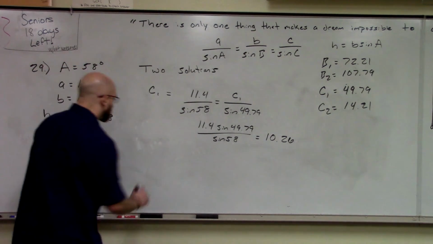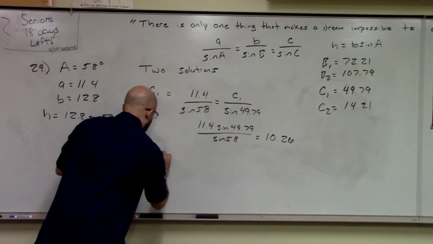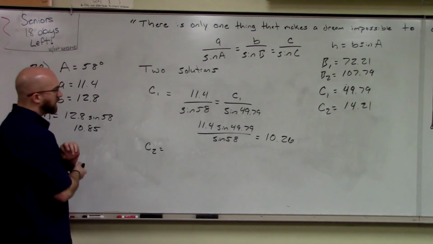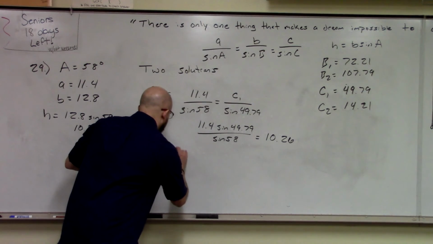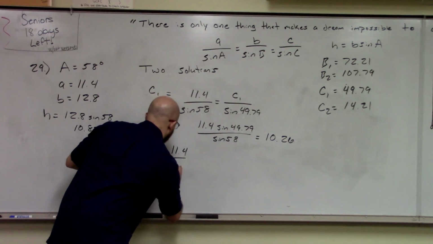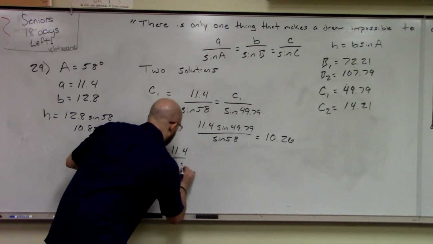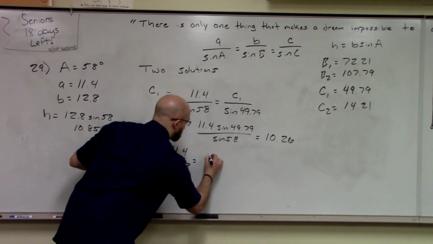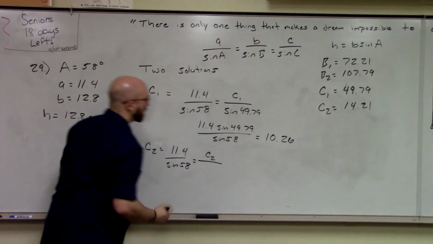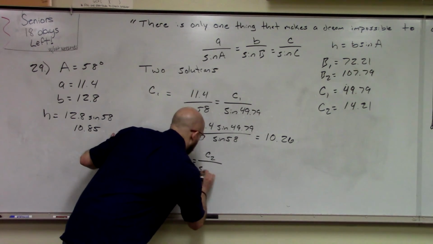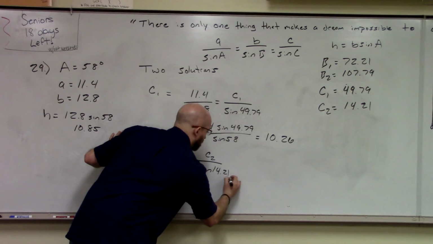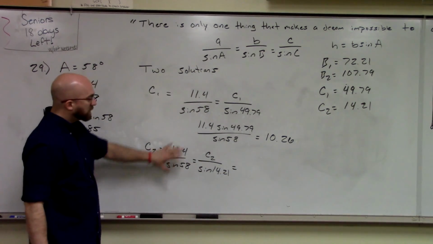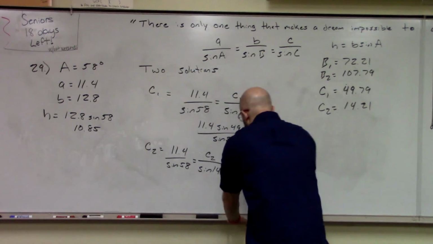Now, if we want to find little c2, it's kind of the same thing when you think about it. All that changes is this degree right here, because it's 11.4 over sine 58 equals c2 all over sine 14.21 now. So basically, we're doing the same steps we did before.